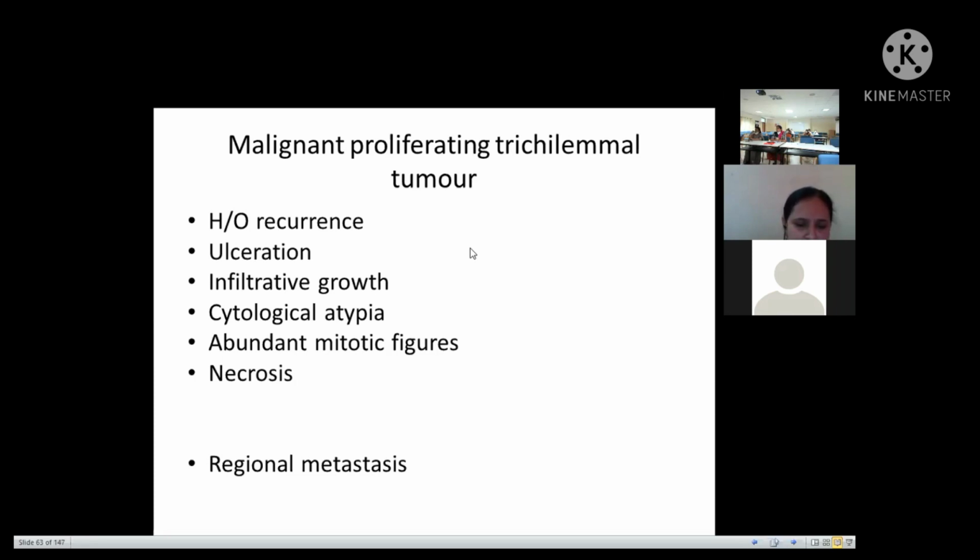Of course, there are some IHC markers which can distinguish these tumors, like CD34 and calretinin, which are outer root sheath cell markers and important in this case. This case just highlights the importance of histomorphological features. We could not do IHC because it was a very old case, 2007 or 8. So this is what we gave: malignant proliferating tricholemmal tumor.